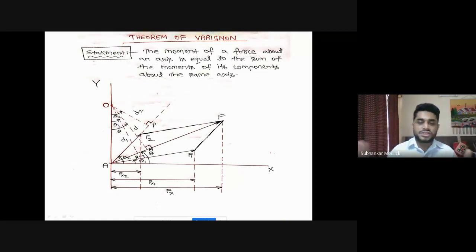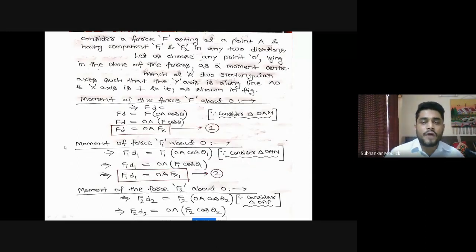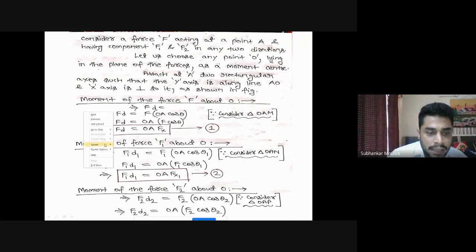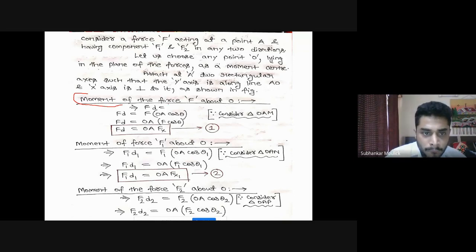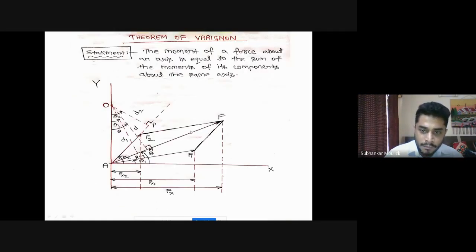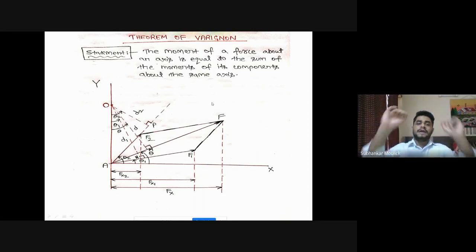So this is the explanation of this diagram. Now we have to prove this theorem. For that, first of all, I am calculating the moment of force F about O. I am calculating the moment of this force F about point O. Can you tell me what will be the value of the moment by looking at this diagram?